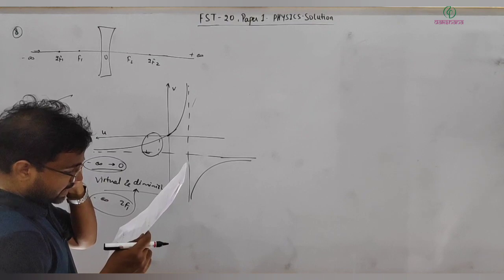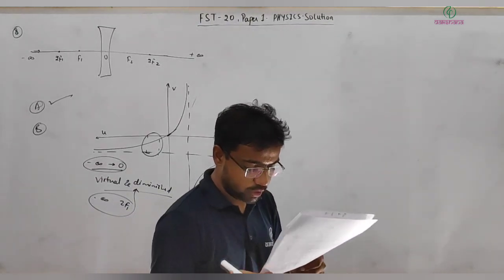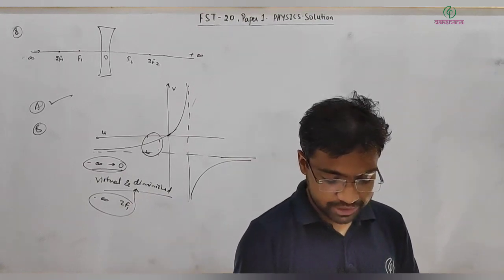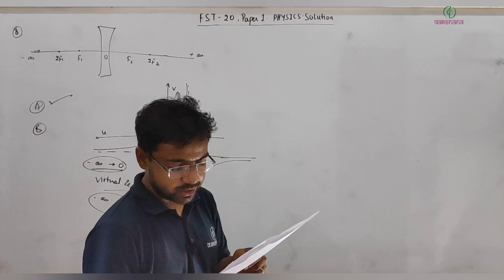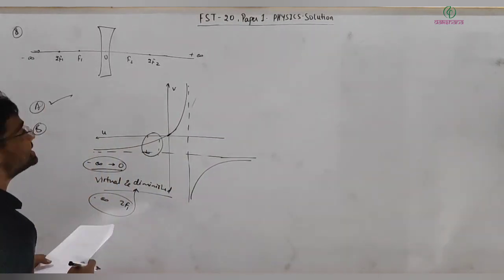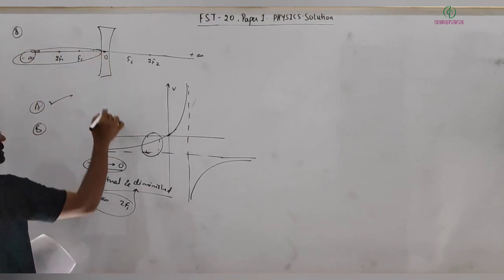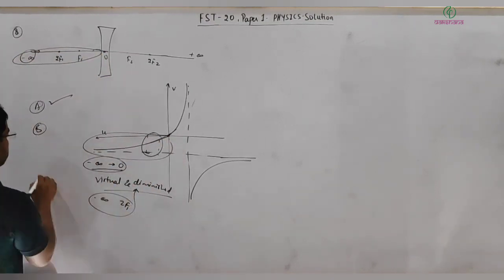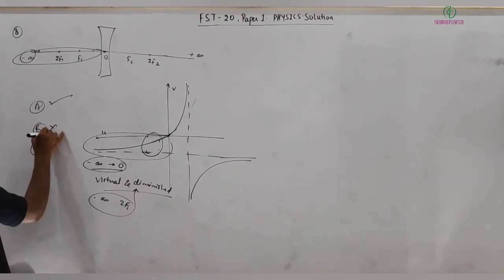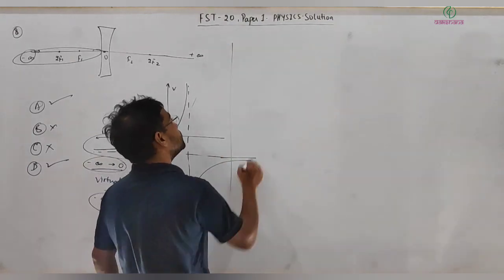For the condition of combined motion of the object, for complete motion of the object, the image will be on the same side of the lens. Complete motion here is minus infinity to O, and for this motion the image is lying only on the same side. So C is also not right, and D, yes, it's correct. A straightforward problem.